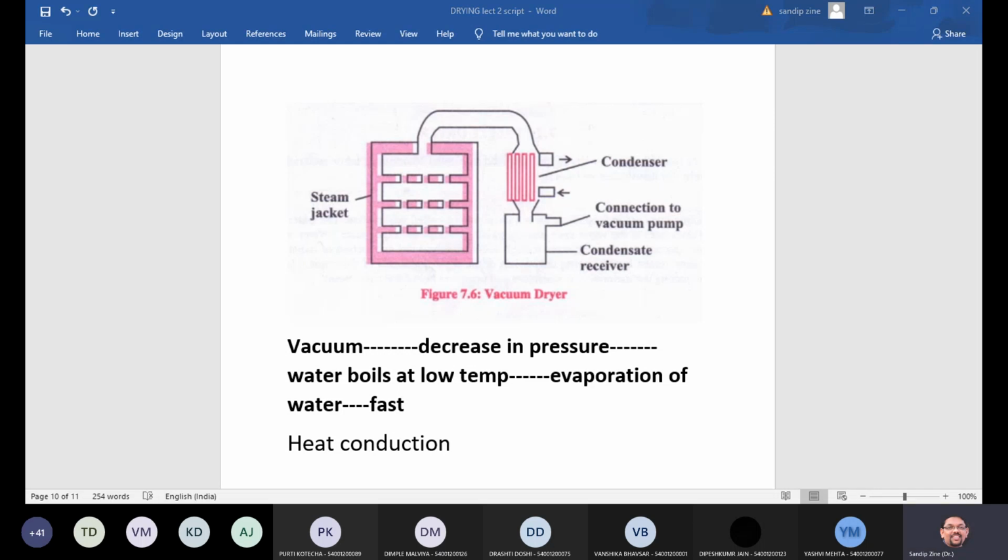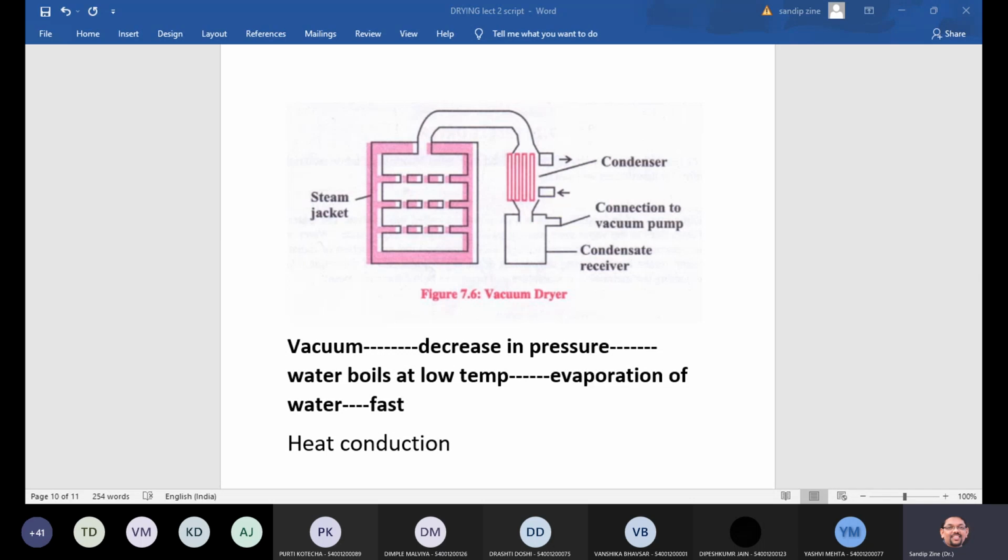What happens now in the working of this vacuum dryer? What can we see in working? The trays that are generally present in the dryer are used to dry the material that is placed on the shelves, and the pressure is reduced to a somewhat moderate range by the vacuum pump.